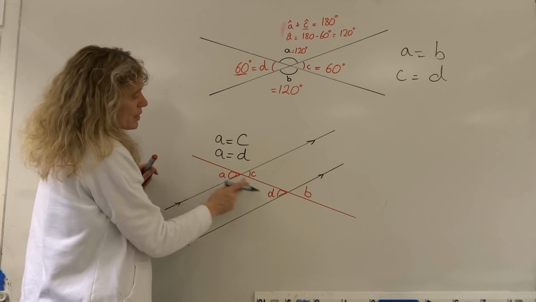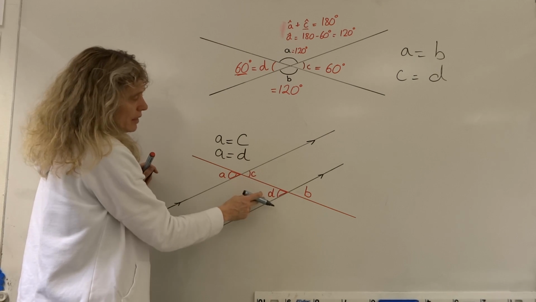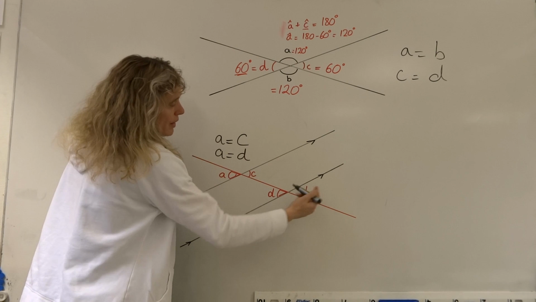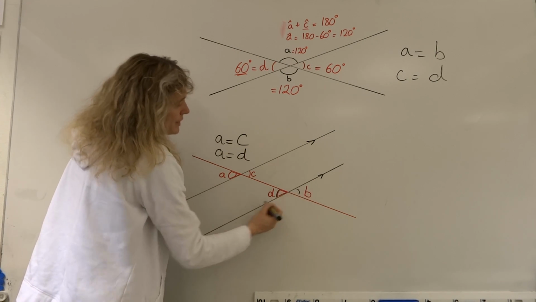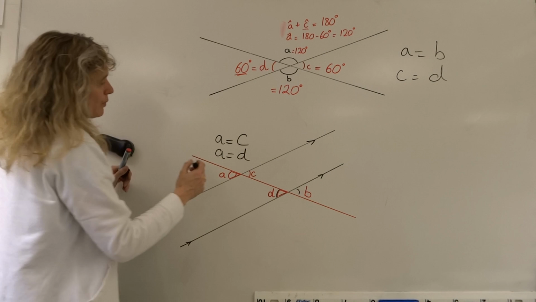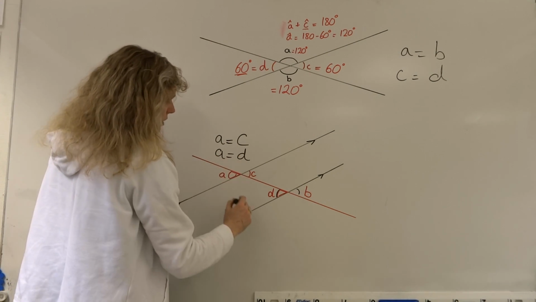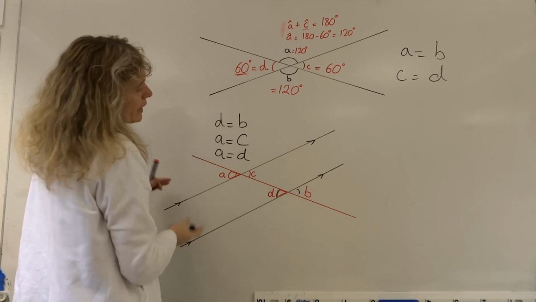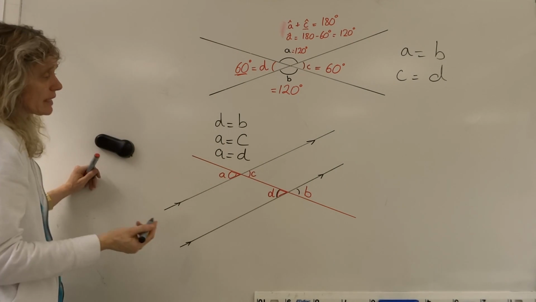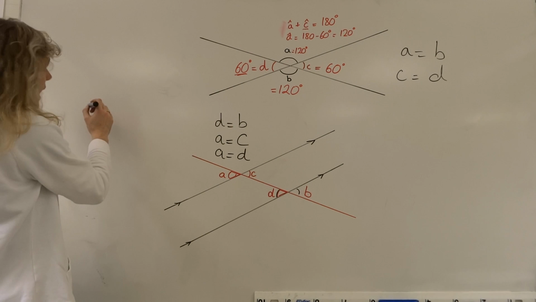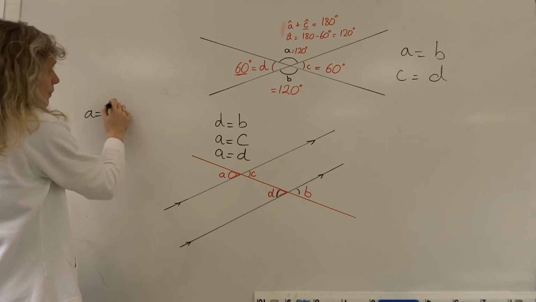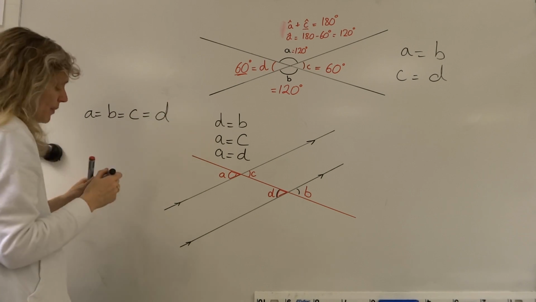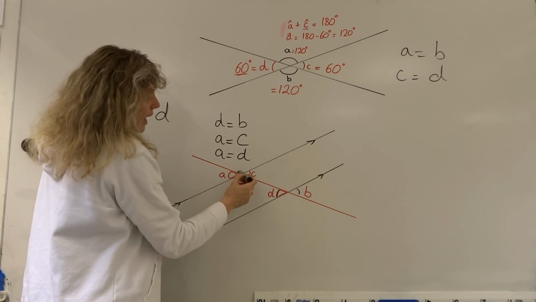So if angle A equals angle D, then angle C equals angle D. But angles D and B are also opposite one another, and we know that opposite angles are identical. So what can we say then? That angle D also equals angle B. So when it comes to parallel lines and intersecting angles, we can say that angle A equals angle B equals angle C equals angle D. And that must be equivalent for the other angles here as well.